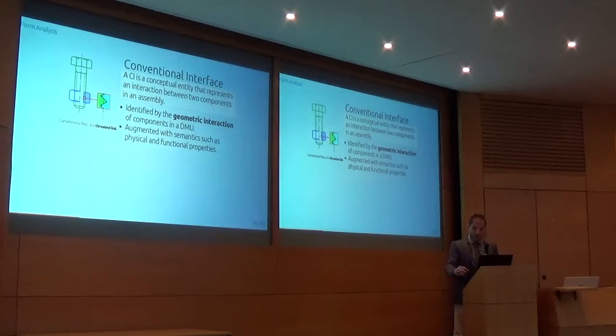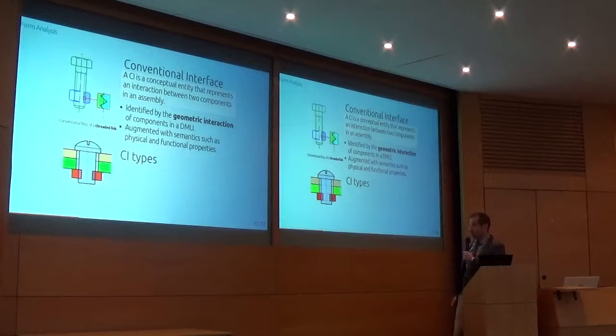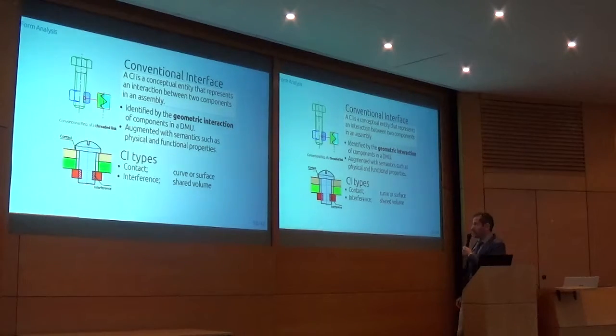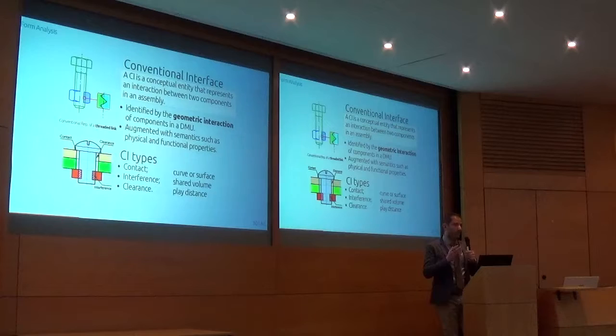Conventional interfaces are classified according to this intrinsic geometric nature. First, we have contacts between two components, when two components touch each other, leaving no volume intersection. Interferences, when two components actually penetrate each other, leaving a common volume. And clearances, when surfaces of two components keep a certain distance between each other, is referred to as the play.